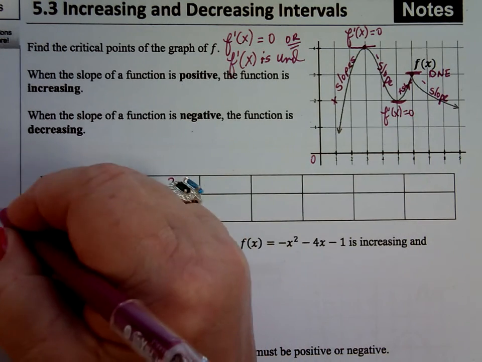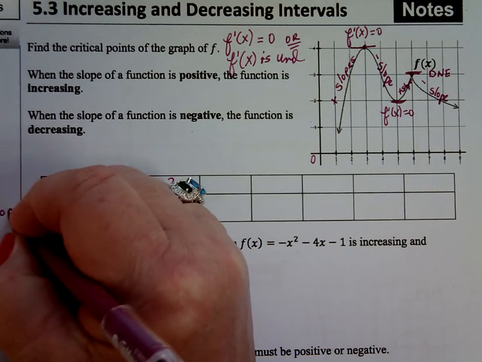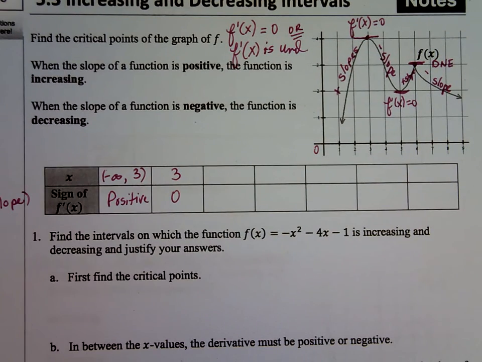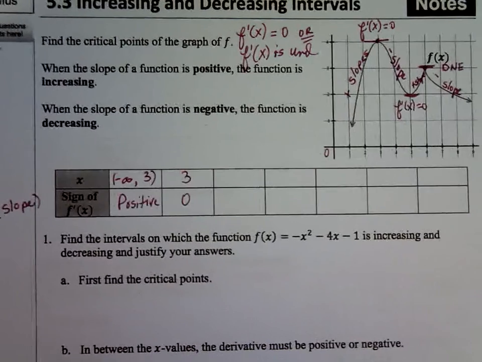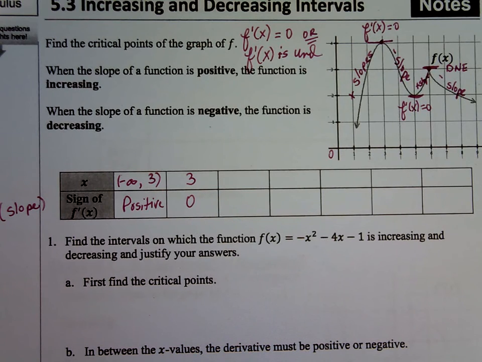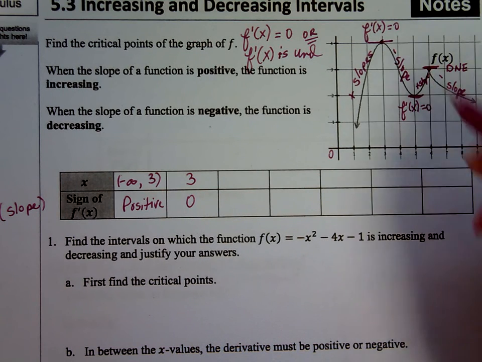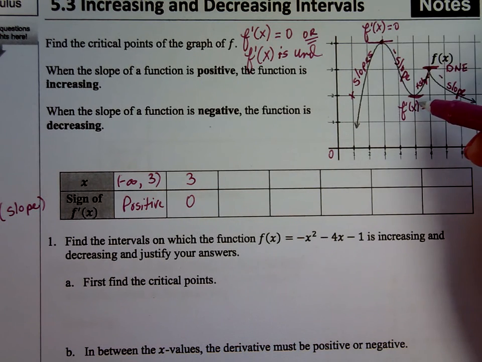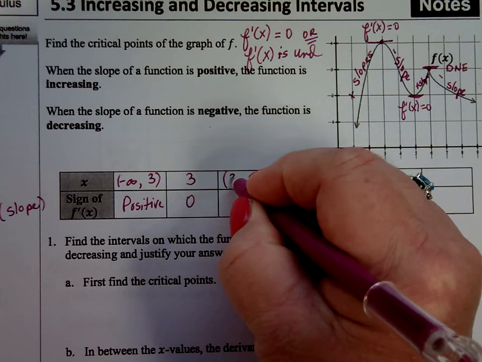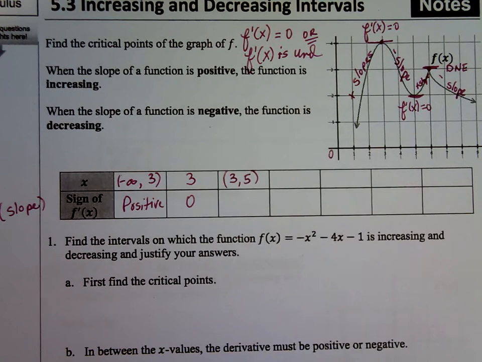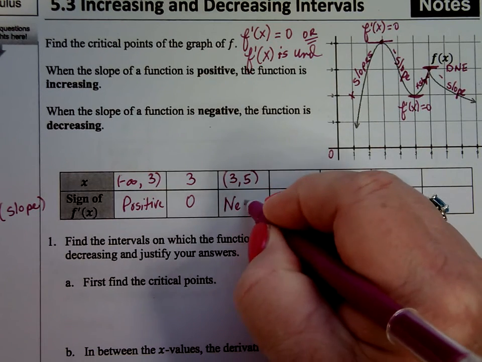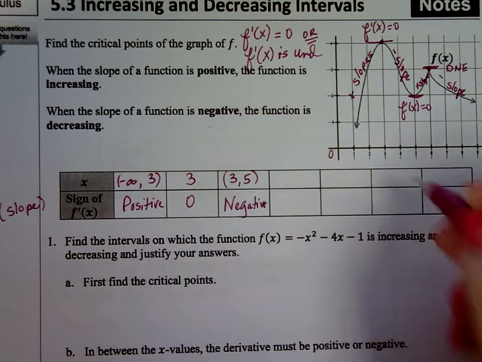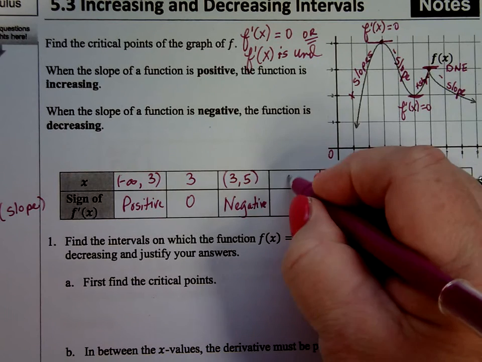Sign of this thing, so maybe we can put over here in parentheses, this is the slope they're talking about. Can you see me? There you go. All right, then I get to the next section from 3 until I get to 5. So the next interval is from 3 to 5. All of those have a negative slope. Then I get to 5.